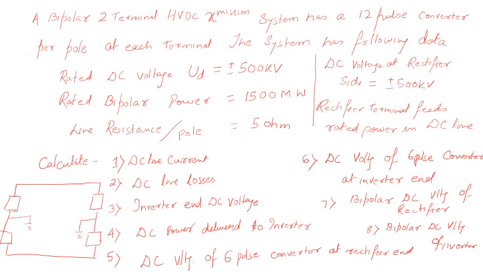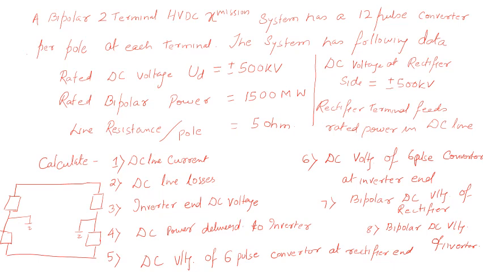If you see, it is saying 12 pulse converter per pole at each terminal. The system has data of rated voltage UD plus minus 500 kV. If it is saying rated voltage of UD, and it is not mentioning whether it is on the rectifier side or the inverter side, you have to assume that this is on the rectifier side.